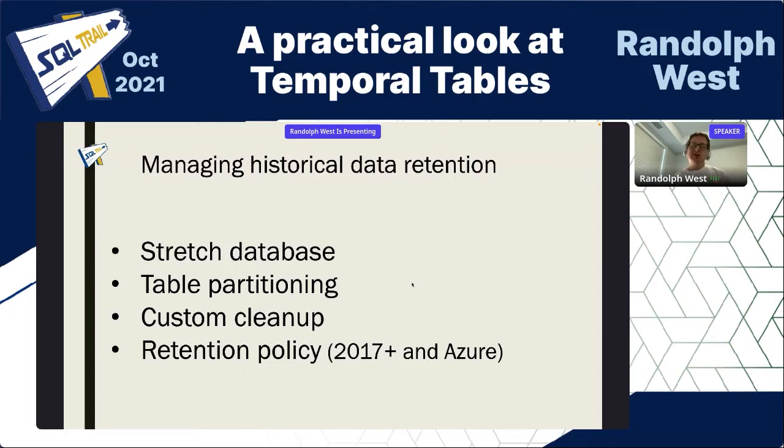You can use table partitioning, like I said, so you can switch out partitions in your history table as long as that versioning break has happened. You can do custom cleanup, so a script that goes in and deletes based on dates, and then the retention policy. The retention policy is when you create the table the first time as a temporal table, or when you alter an existing temporal table, you can set the retention policy, which is measured in weeks or months.